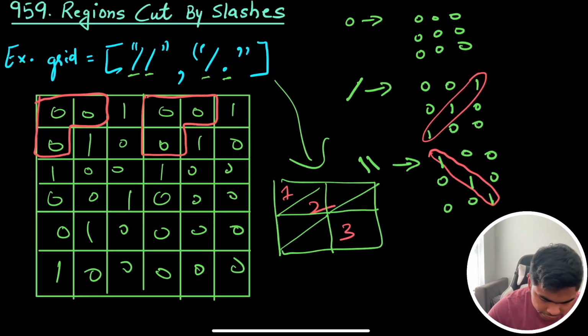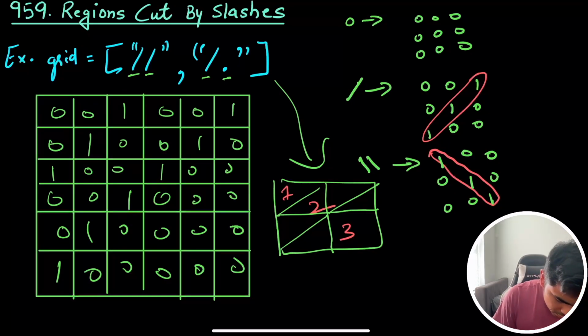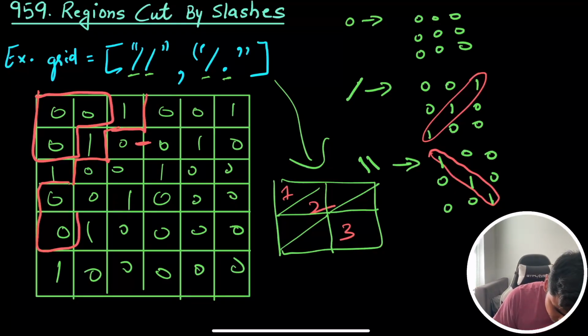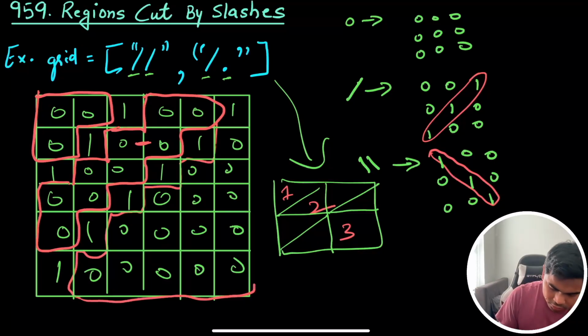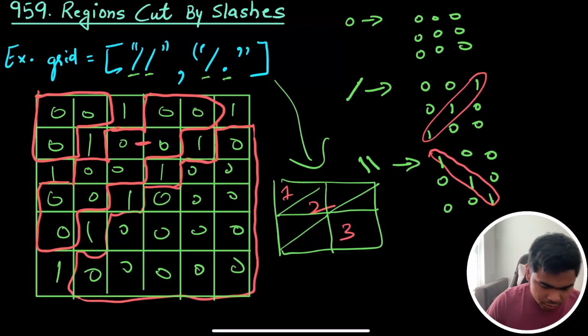So this one right here is the first group of zeros, then this one is horizontally connected, so this is all together with this one, and then this one. This is all coming together. Awesome. And this is the biggest group, all coming together. Yeah, do not doubt the approach. This is the best approach.